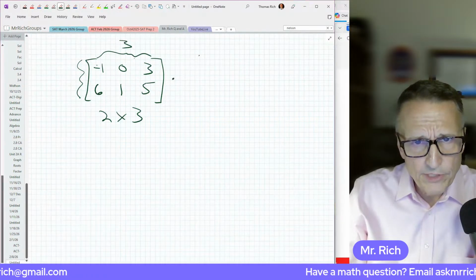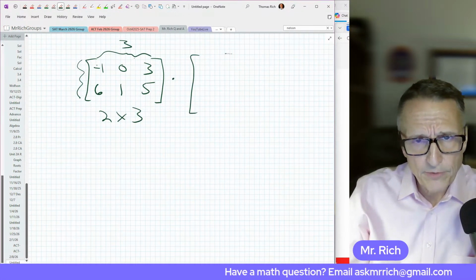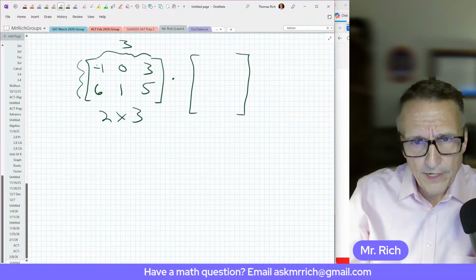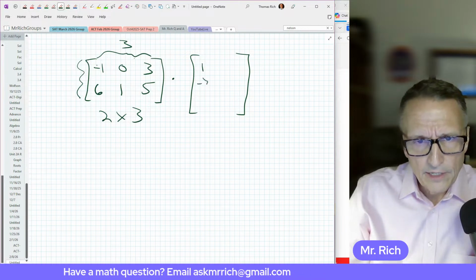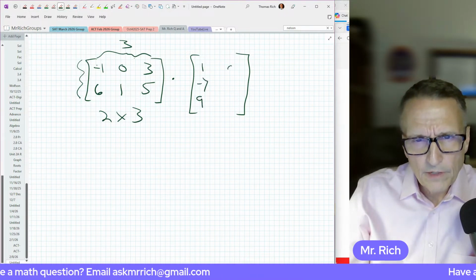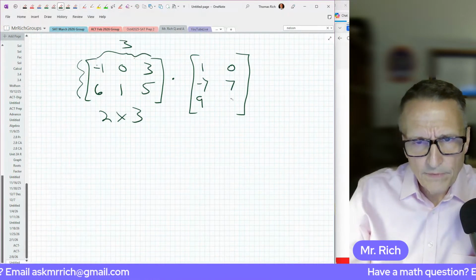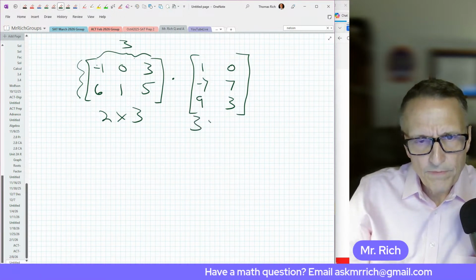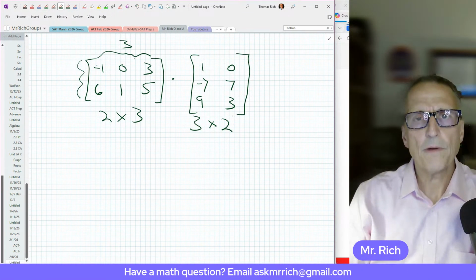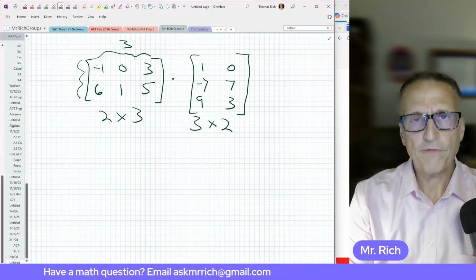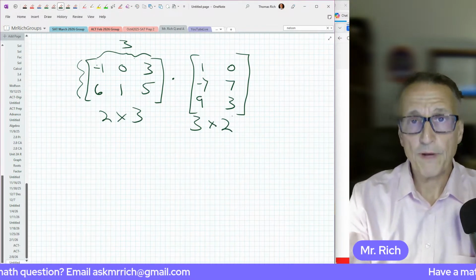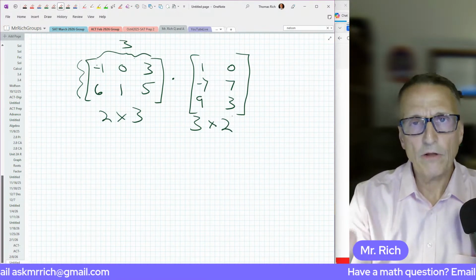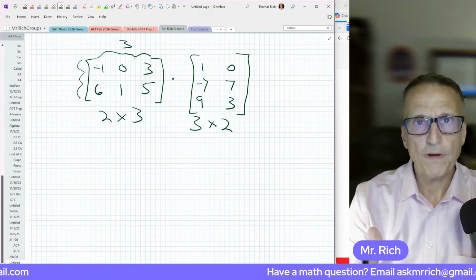Now, I'm going to multiply it by a 3 by 2 matrix that would be the following. That is a 3-row by 2-column matrix. The thing that you need to know first about multiplying 2 matrices is that not all matrices can be multiplied together.